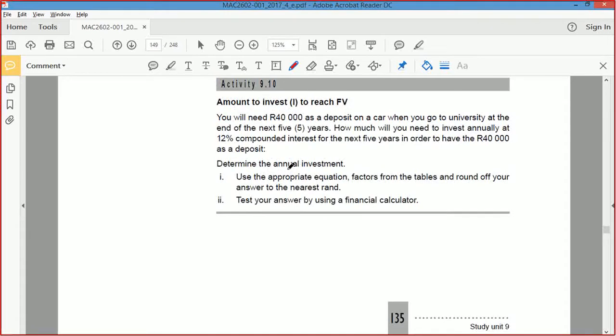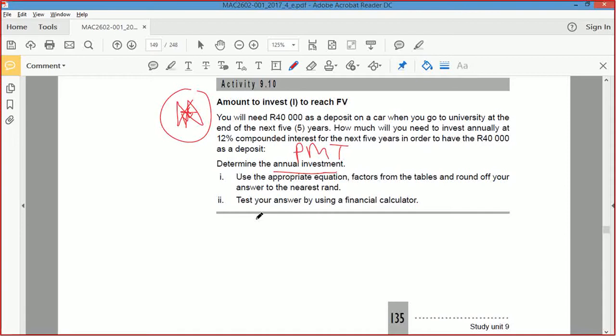Deposit. Determine the annual investment. Okay, so again, annual investment meaning PMT. Work it out. What do you get? You will need 40,000 as a deposit on a car over the next 5 years.